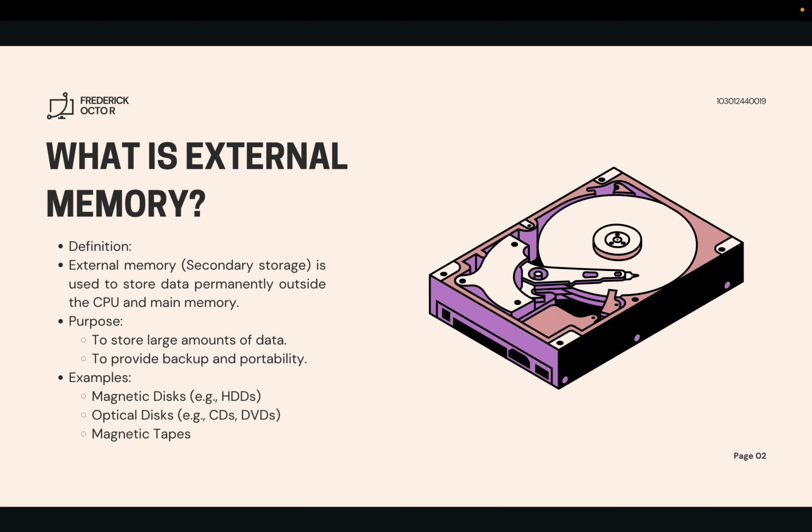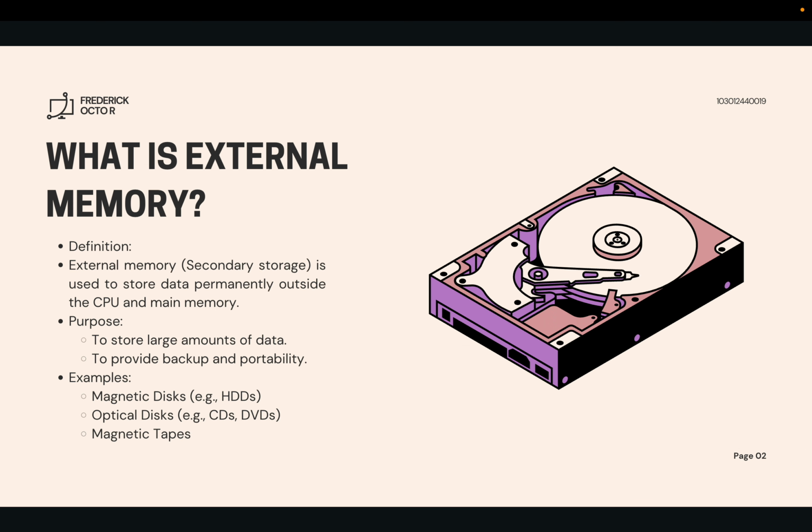Okay, let's talk about the next material. External memory is part of the memory hierarchy, which organizes memory types based on speed, cost, and also capacity.